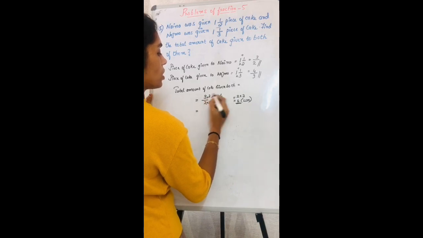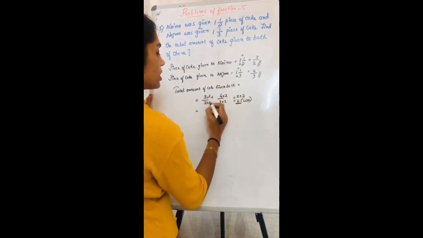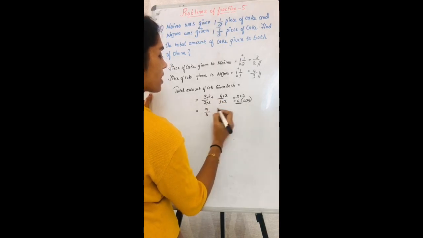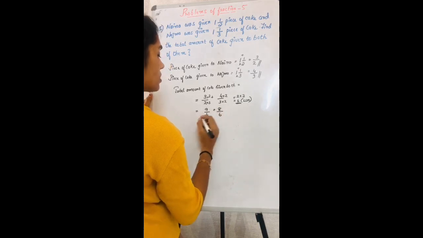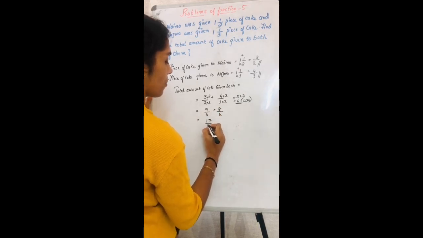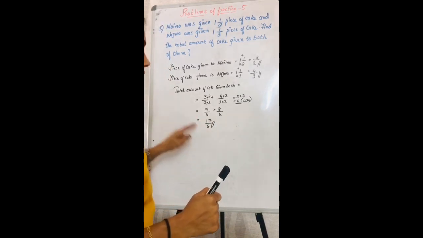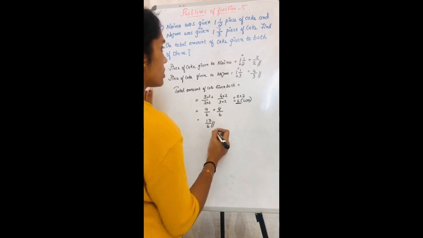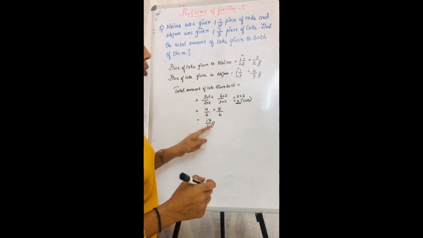So, same with the numerator, 3 into 3. 3 3s are 9, 9 by 6. And here 4 2s are 8, 8 by 6. Okay. So what's the answer? 17 by 6. So you got it as improper fraction, right? So this is the piece of cake that's given to both of them.